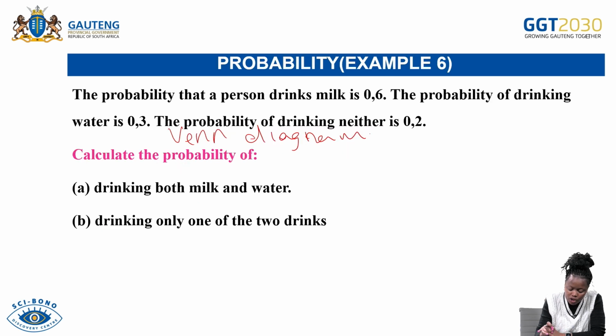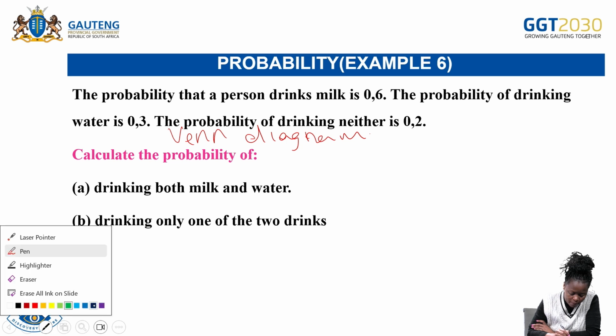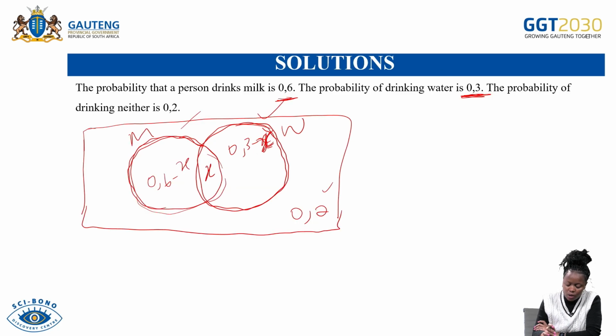Okay, let's move to the questions. Questions are now saying calculate the probability of drinking both milk and water. So if they want you to calculate the probability of both milk and the water, it means now you need to calculate the probability of getting the intersection, right? So if it's the intersection, you are going to say, okay, for you to get this one, it means when you add everything here, you need to get 1. Remember, these are probabilities, and if you add everything, it needs to give you 1.